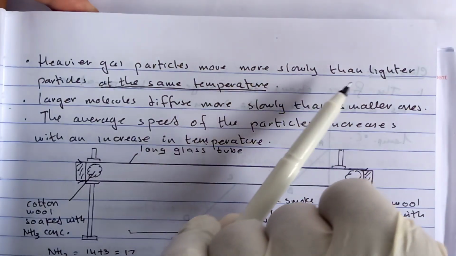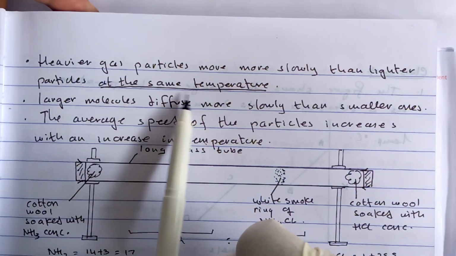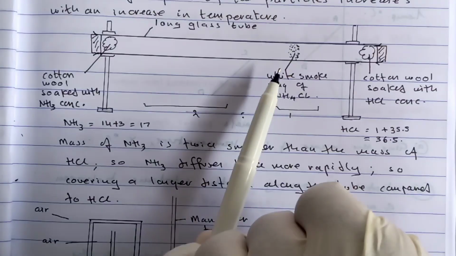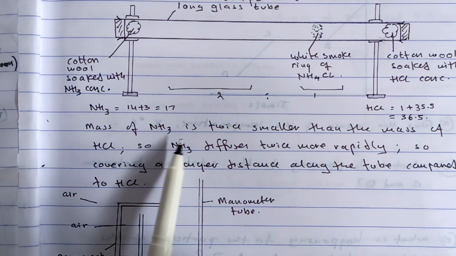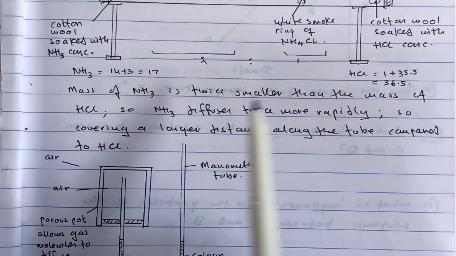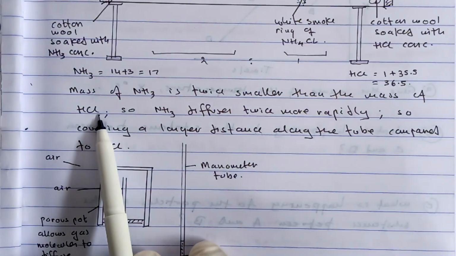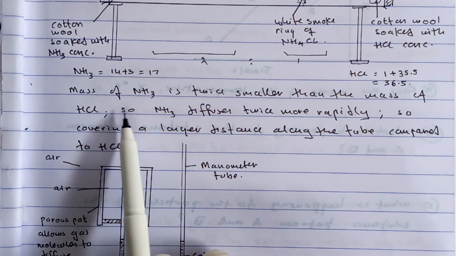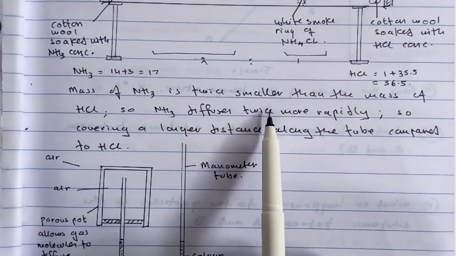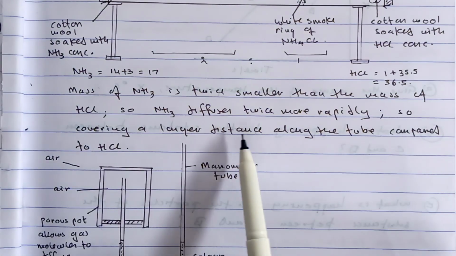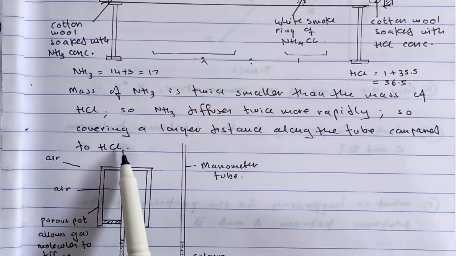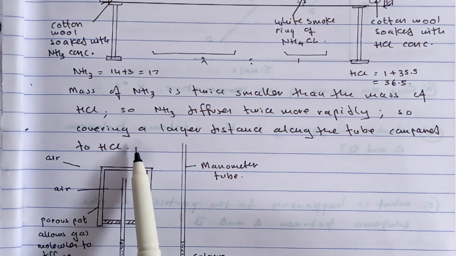Heavier gas move more slowly. So the white solid is formed here. Now the mass of ammonia is half the mass of hydrogen chloride. So ammonia diffuses twice more rapidly, covering a longer distance along the tube compared to hydrogen chloride.